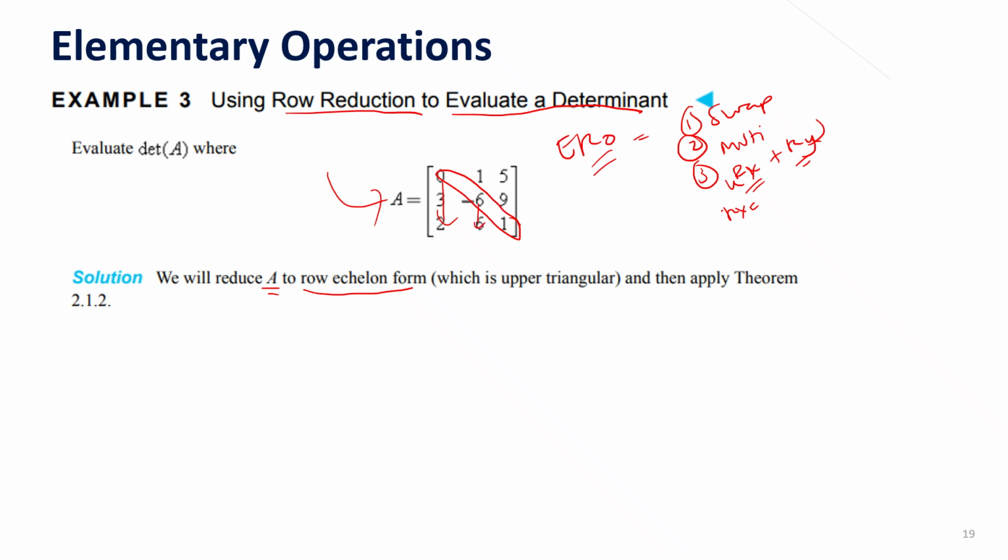That is row echelon form. But if above the diagonal also equals 0, it is reduced row echelon form. So row echelon form is an upper triangular matrix. Then we can apply the theorem that we learned earlier to calculate the determinant value of this matrix.